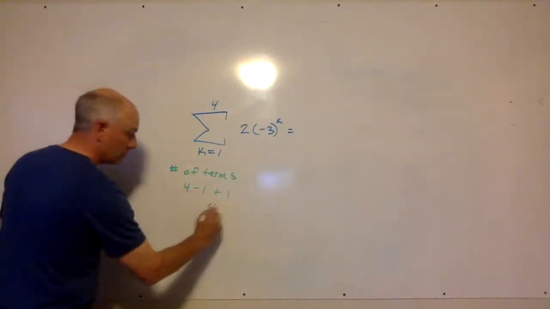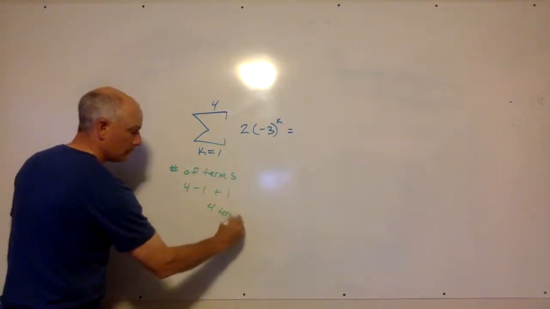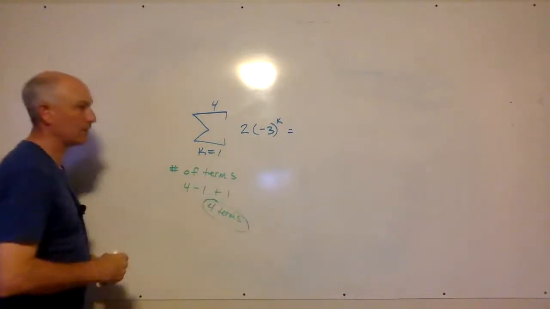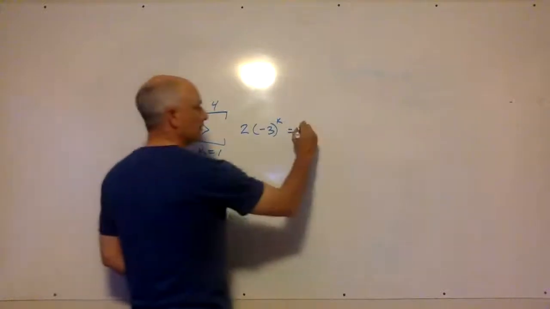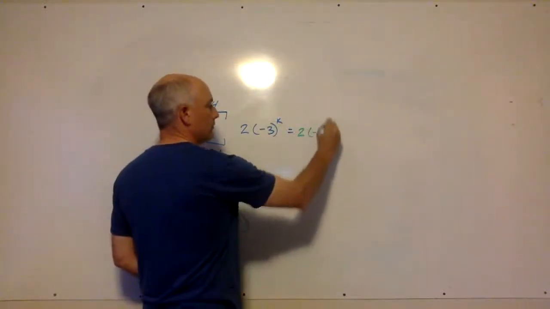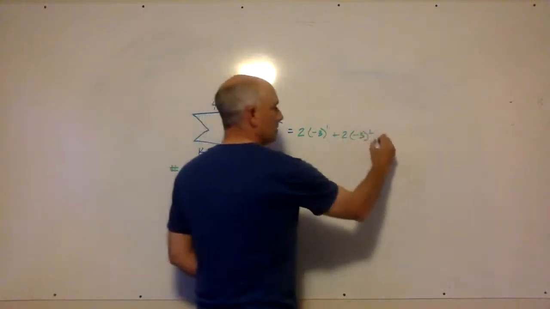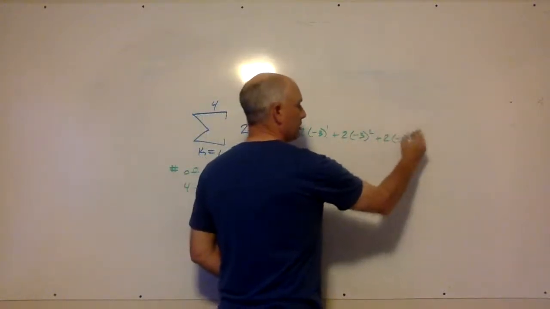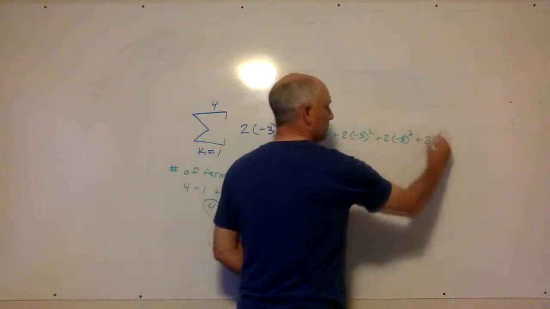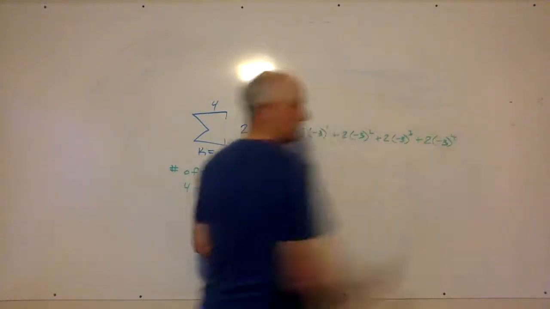We have 4 terms. Okay, let's put them in. 2 times negative 3 to the first, plus 2 times negative 3 to the second, plus 2 times negative 3 to the third, plus 2 times negative 3 to the fourth.